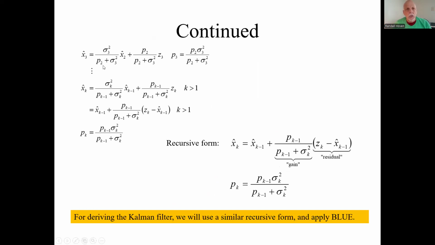And once we had a way to find it with two, now we can do it recursively, where the two things we combine are all the previous stuff we had. Now at step 3, the estimate X hat 3 uses the estimate X hat 2 and the P2 we had after 2, and then all the new stuff, the new measurement.